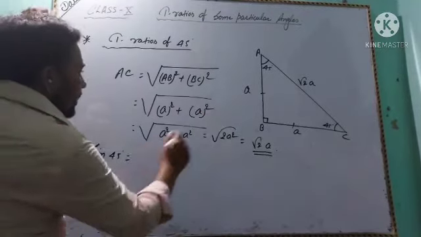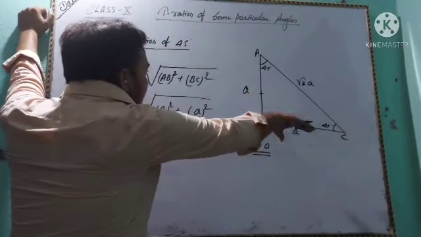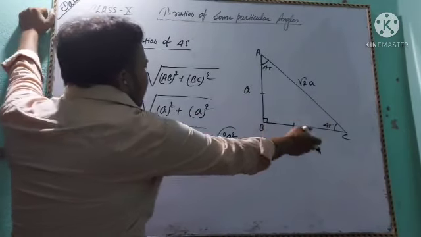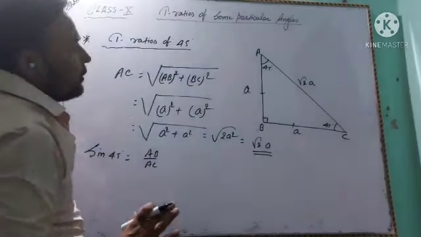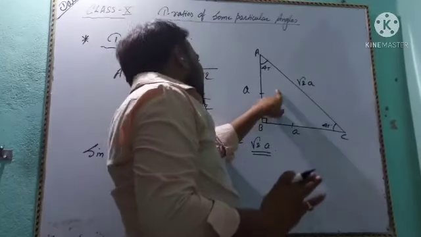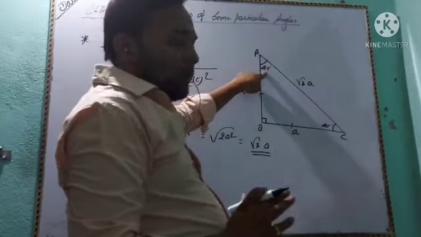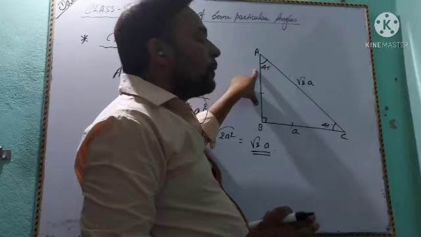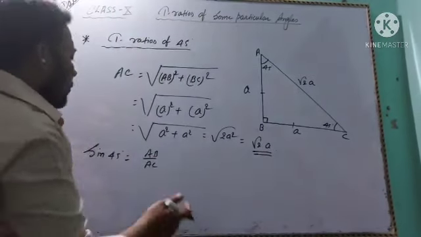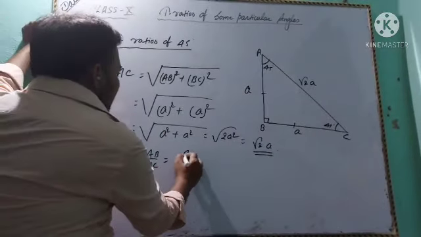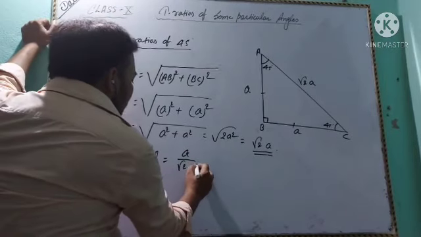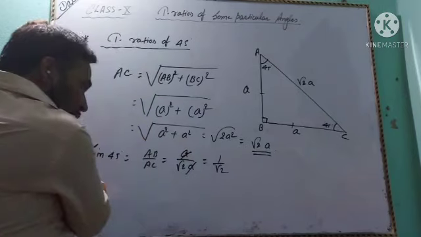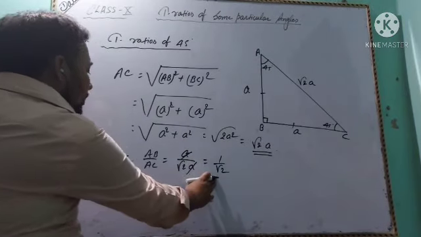So perpendicular is AB and hypotenuse is AC. So AB by AC or BC by AC, because both acute angles are 45 degree. If we talk about one acute angle, the perpendicular is this, and if we talk about the other acute angle, the perpendicular is that. So no problem. AB by AC, that is a by root 2 a, a is cancelled, that is 1 by root 2. So sin 45 degree is equal to 1 by root 2.